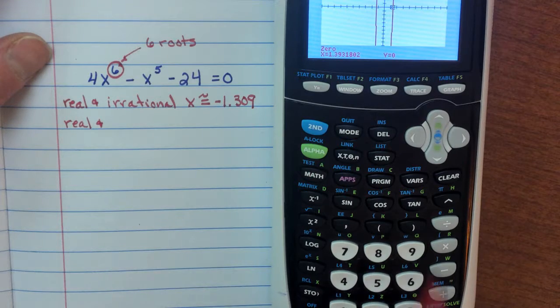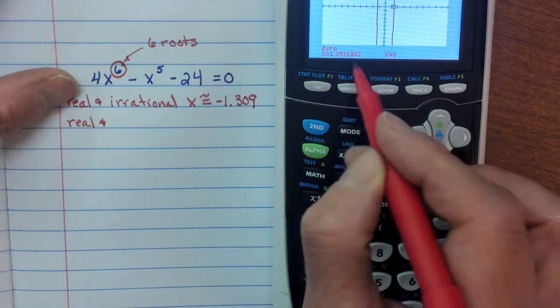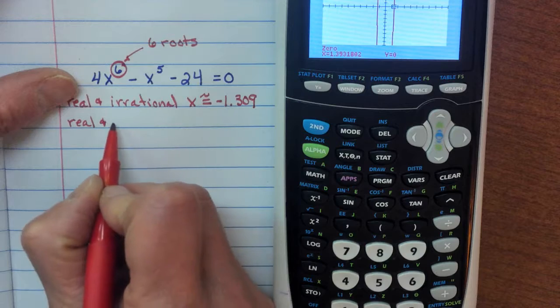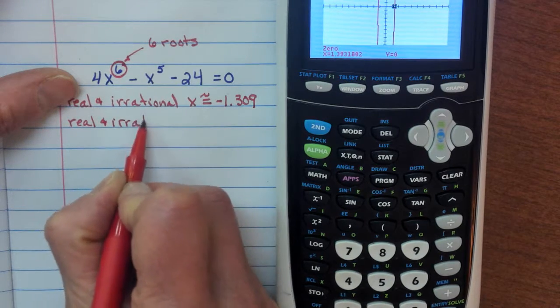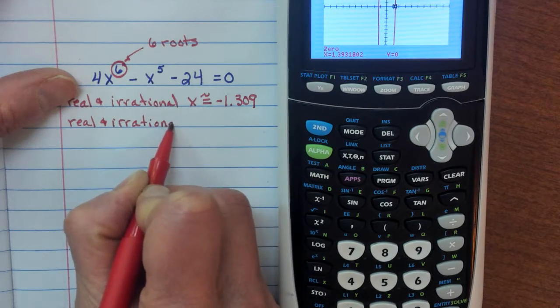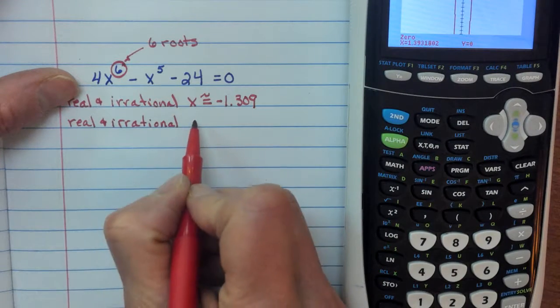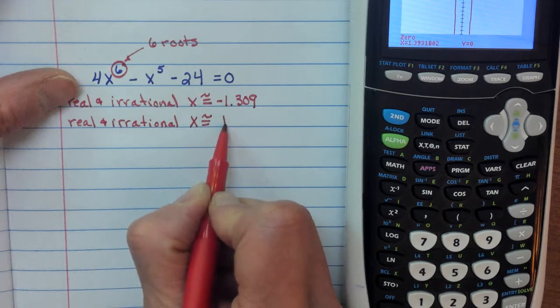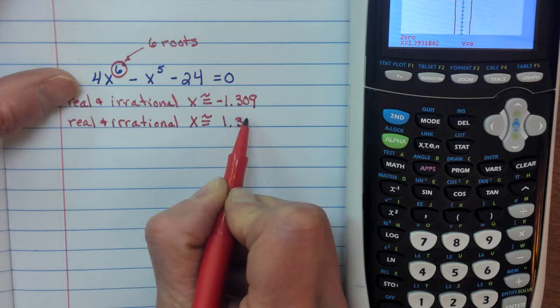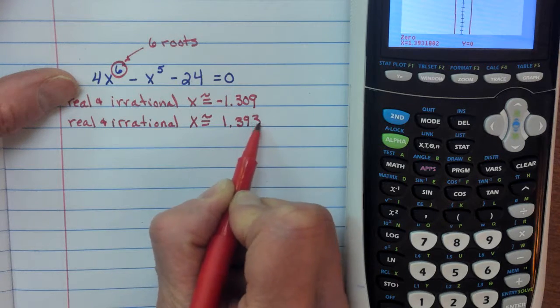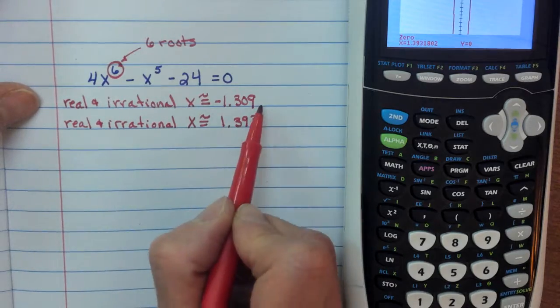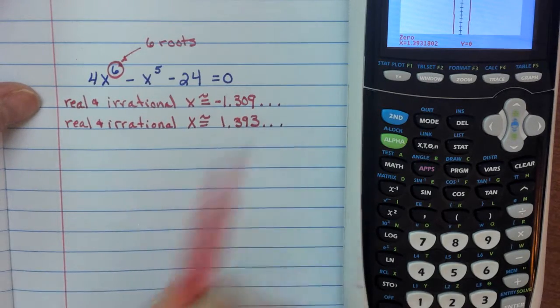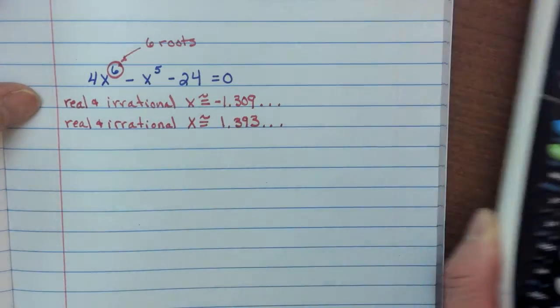So my 0 is irrational again, at x approximately equal to 1.393. Okay, those are irrational because they keep going. Okay, so where are my other roots?